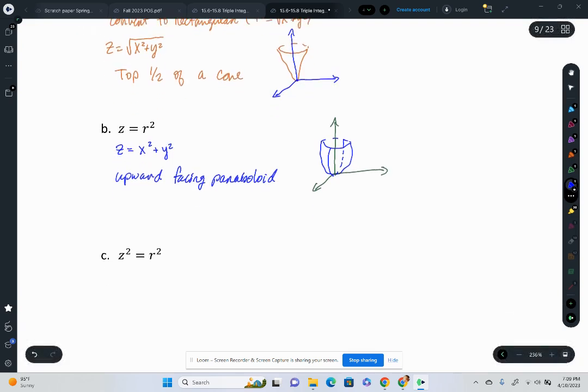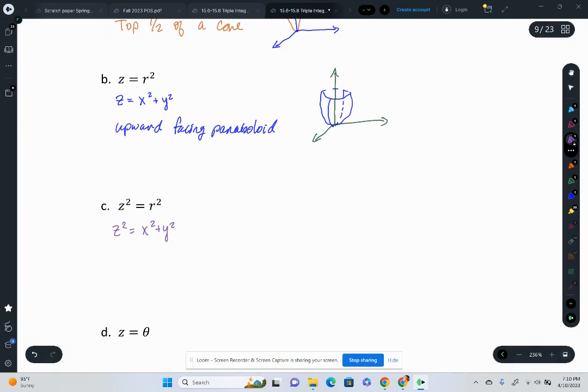Okay, next one, C, we still have z and r involved, but now it's z squared equals r squared. So that means z squared equals x squared plus y squared. Now check this out. If I was to take the square root of this, it'll start to look familiar. z is equal to plus and minus the square root of x squared plus y squared.